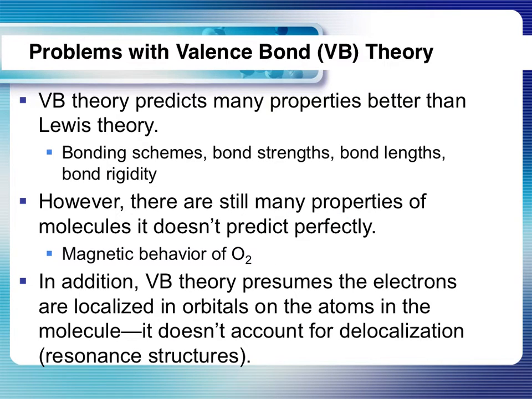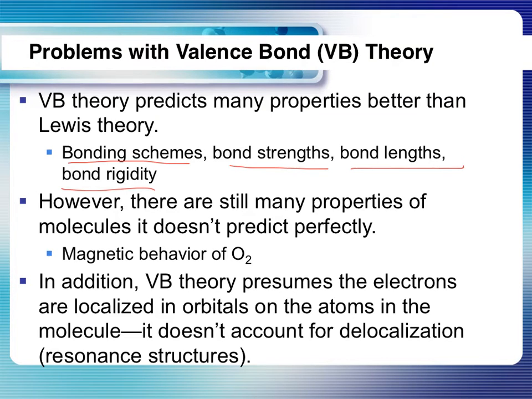All right, valence bond theory does a lot of good things. These are the pros of it: bond strengths, bond lengths. We haven't really talked about bond rigidity, but it has some pros there too.